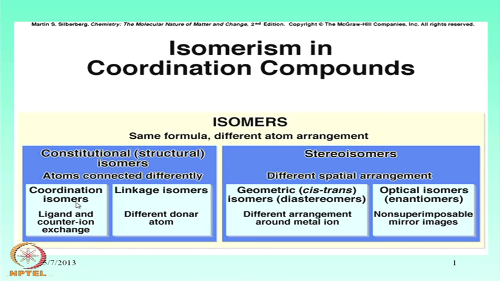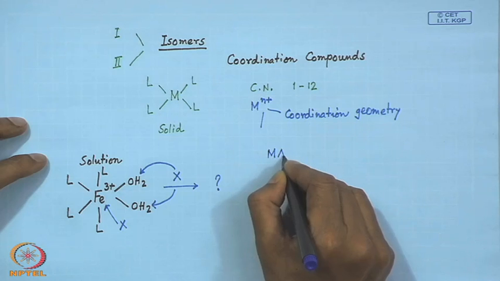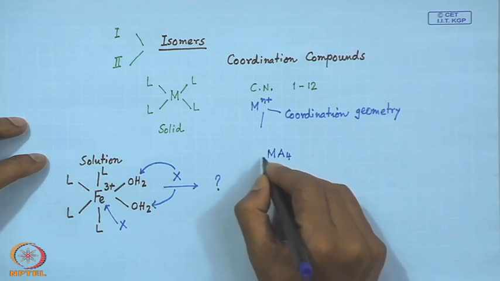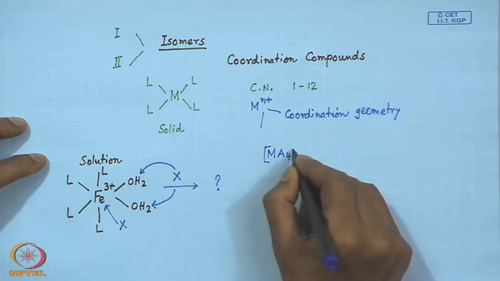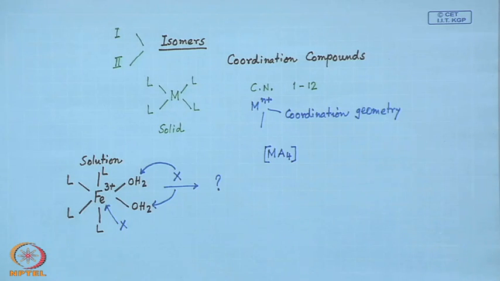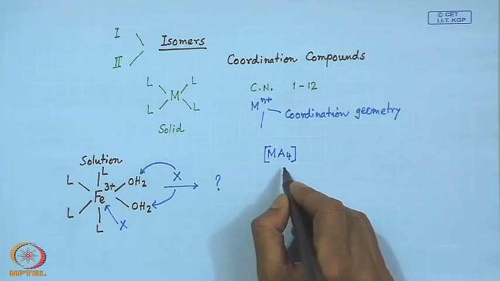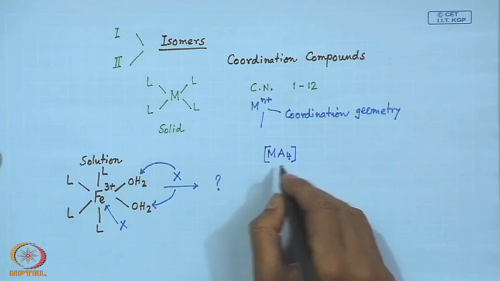So, if we have an MA4 species, that means all 4 ligands can be A instead of L, it can be a tetrahedral or it can be a square planar geometry.